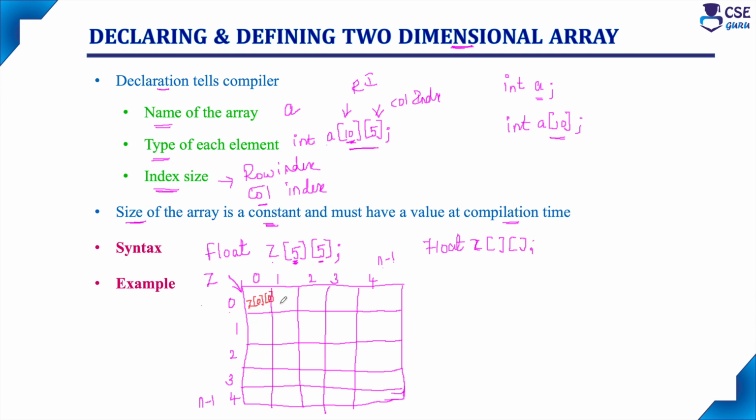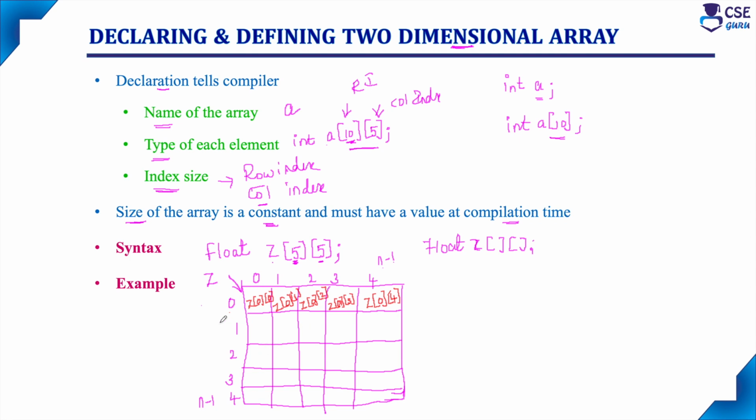Z of 0th row and column 1 is Z of 0, 1. Similarly, this is Z of 0, 2. This is Z of 0, 3. And this one is Z of 0, 4.